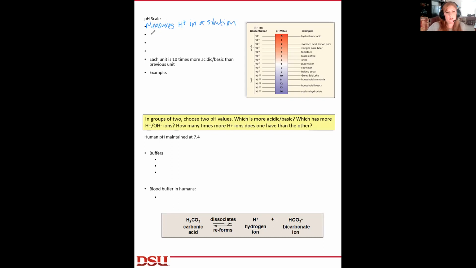So a pH of 7 is considered neutral. Anything below 7 is acidic, and above 7 is basic.